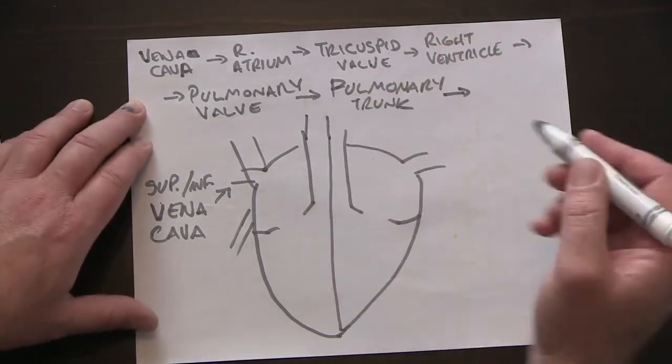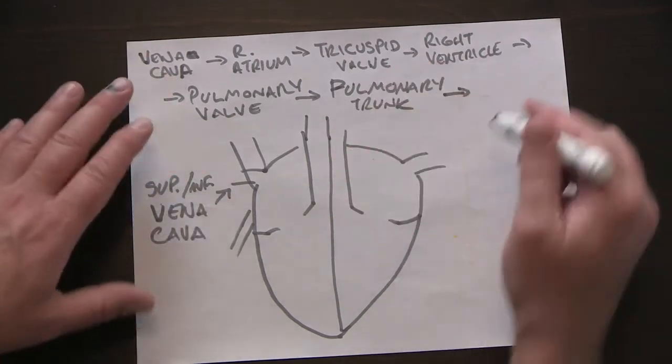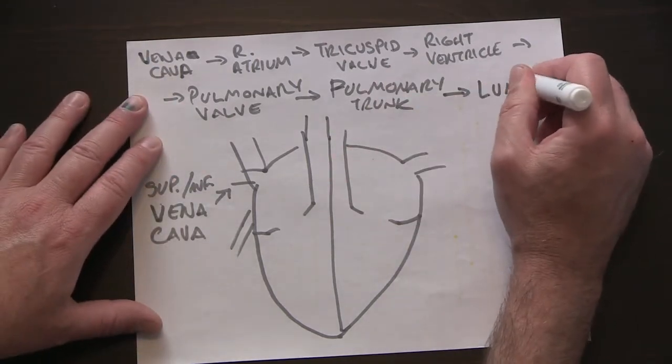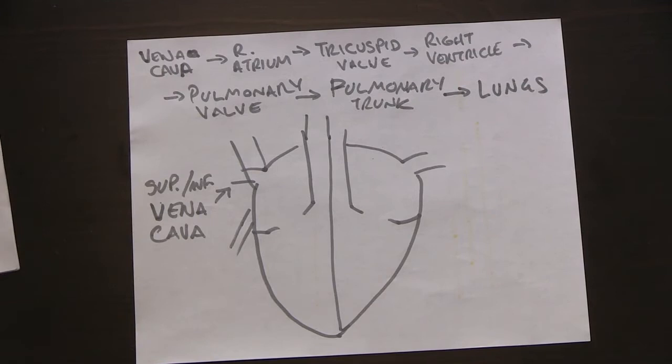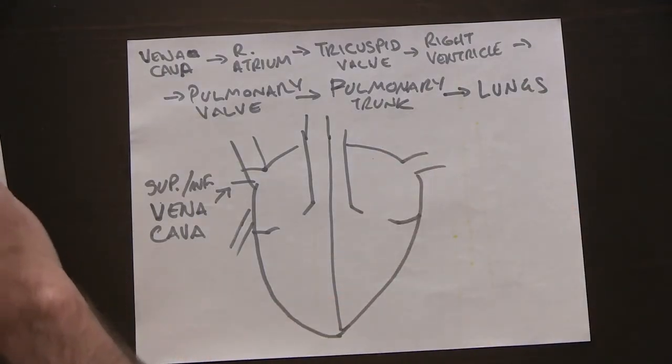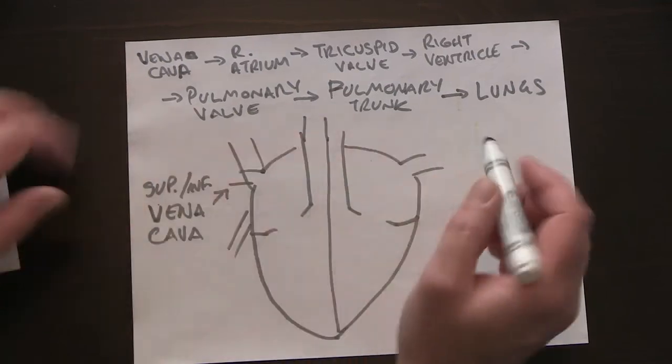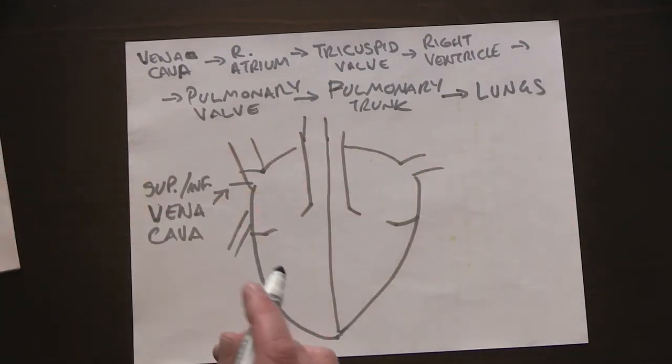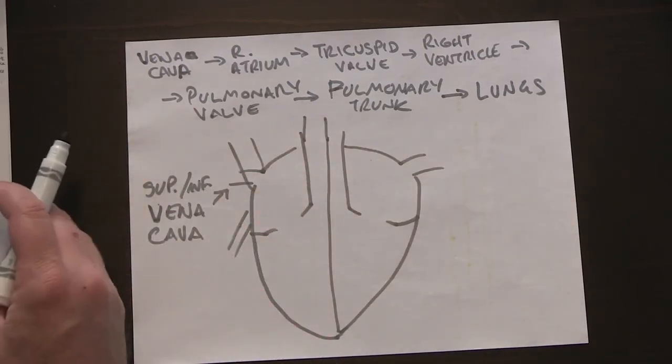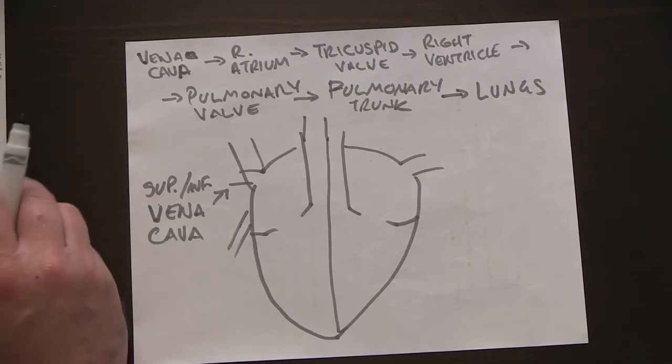And we're going to take a few steps out here, but then it's basically going to the lungs to pick up oxygen and then returns back to the heart. That circuit there is, well, actually, let me just stop and we'll talk about that in a sec.